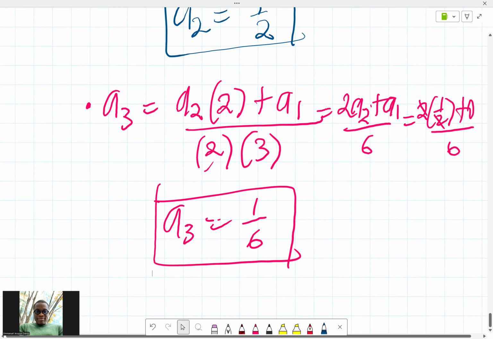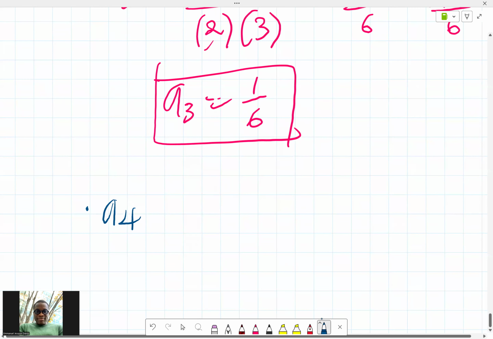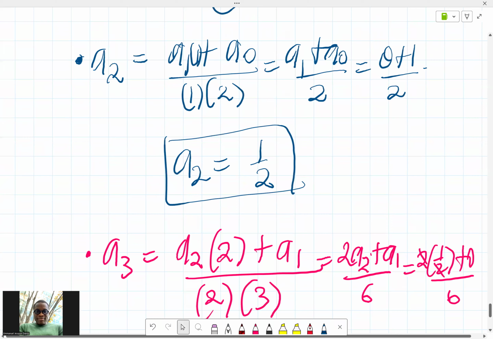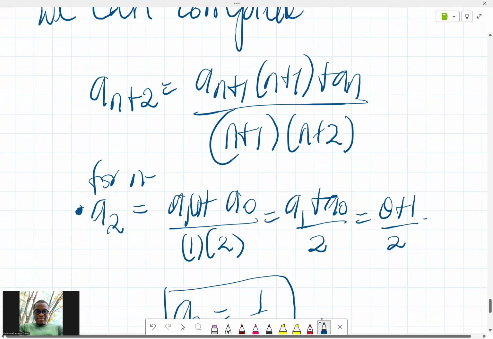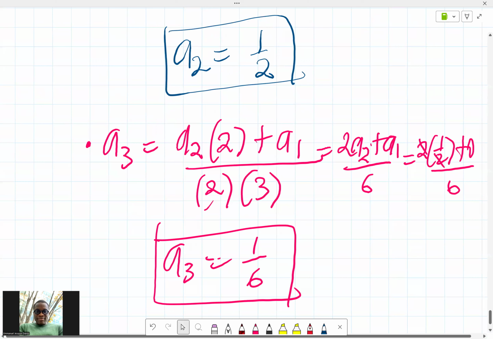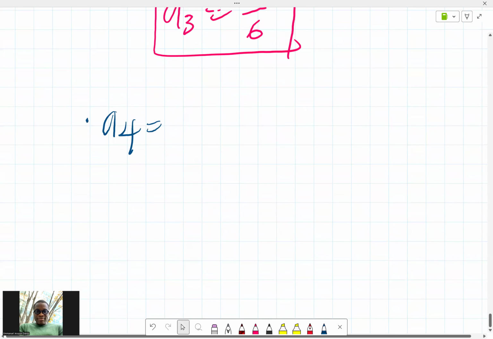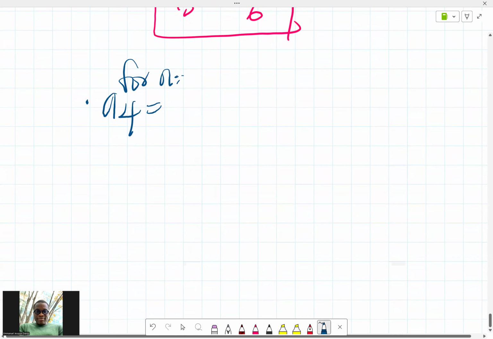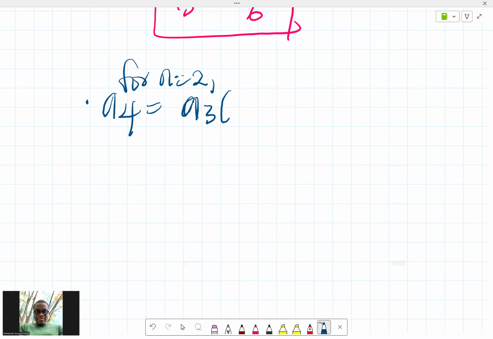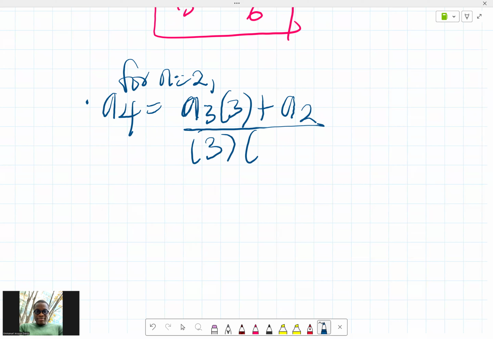Then we go for a4. So a4 now means n is 2. Maybe I should write this to make it clear. For n equals 0, this is what we get. For n equals 1, this is what we get. For n equals 2, a4 equals [a3 into (2 plus 1), 3, plus a2] all over (2 plus 1), 3, then (2 plus 2), 4.